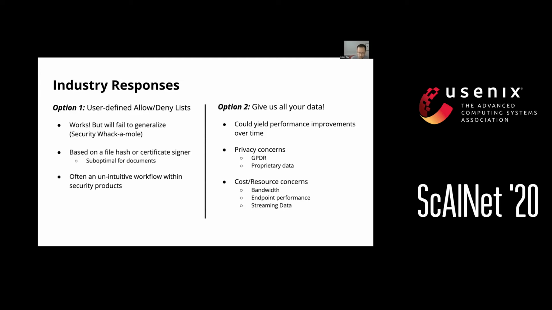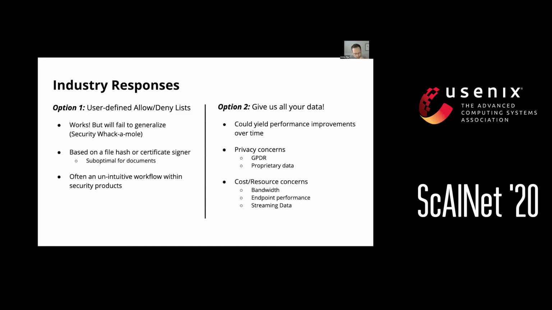Option two, which is basically just give us all your data, is certainly the better of the two options, because this could yield massive improvements over time in a relatively short amount of time. But it comes with some pretty big concerns in the form of privacy. We as data scientists need to be very careful about the data that we use or leverage for things like GDPR or other proprietary data.